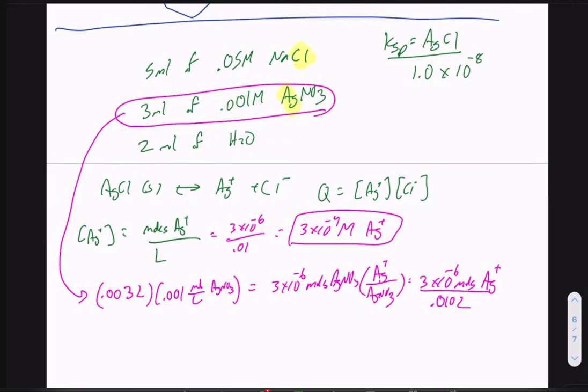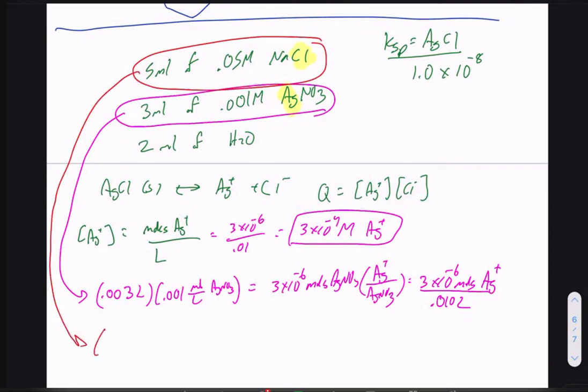And likewise, if I did this with the chloride, so I've got 0.005 liters times 0.05 molar, 2.5 times 10 to the minus 4 moles of NaCl.